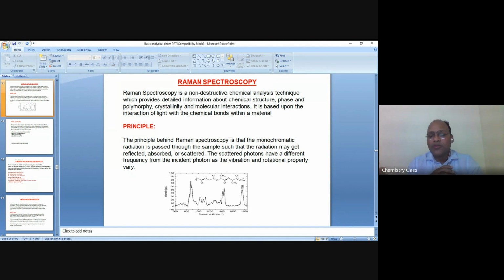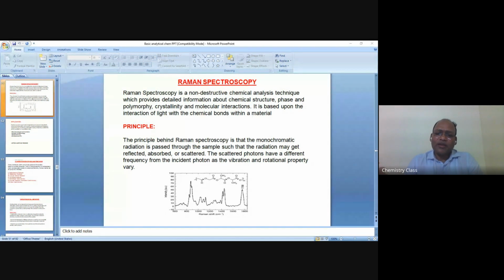And what we get in this case is the chemical structure, what the chemical compounds are, and their phase and polymorphy. Suppose there is one compound in front of you, ethanoic acid.